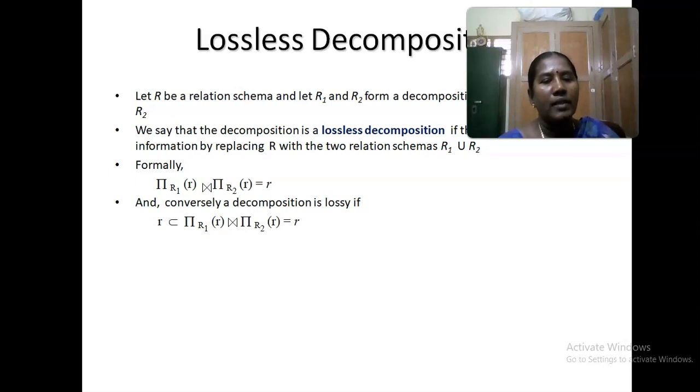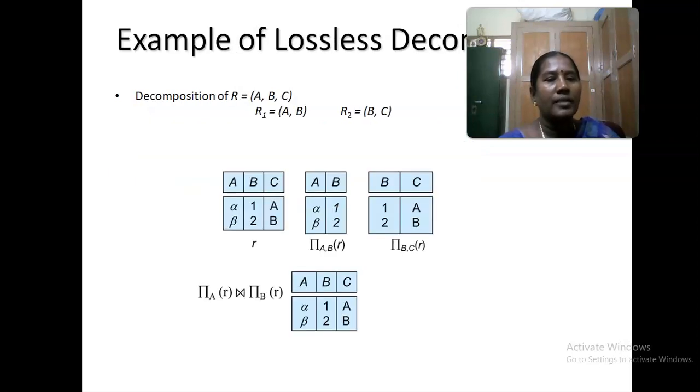We can say the decomposition is lossless if there is no loss of information by replacing R with the two relations R1 and R2. That is, the natural join of R1 with R2 is equal to R. Conversely, the decomposition is lossy if the natural join of R1 and R2 does not result in R.